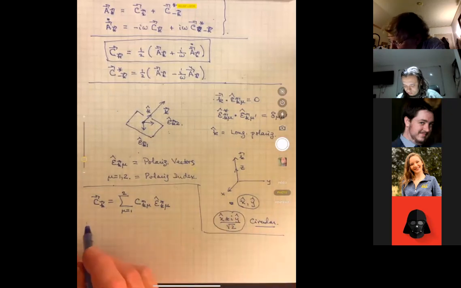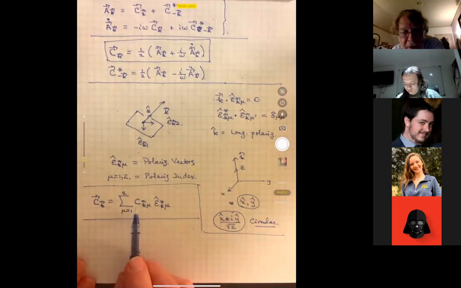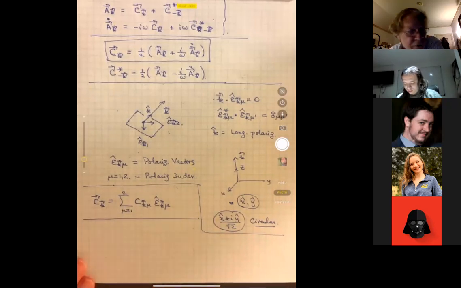In any case, to go back to this decomposition here, I'm leaving an arrow off that c. I've noticed a funny thing about students nowadays, and I'm talking about you: students tend to leave the little arrows off of the vectors. And so you can't tell the difference between vectors and scalars. I don't know why this is.